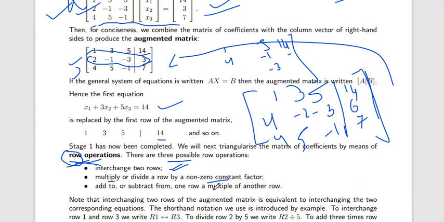So we can multiply or divide a row by a non-zero constant, not zero. And the third operation is addition or subtraction from one row of a multiple of another row.